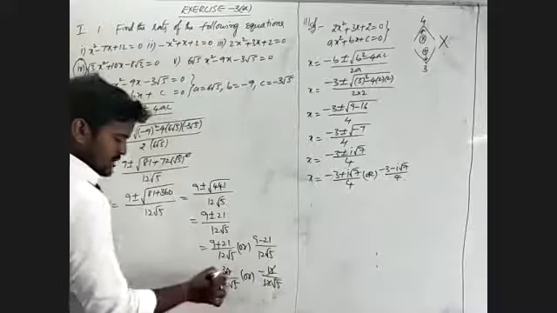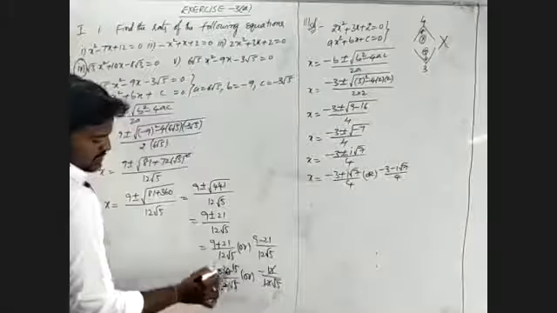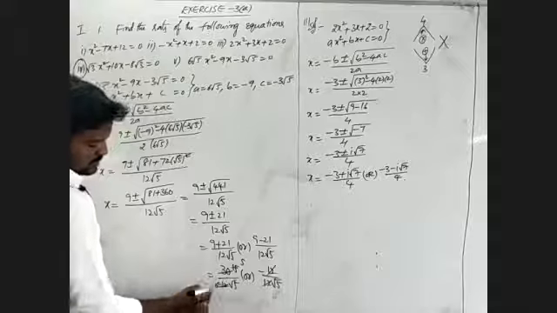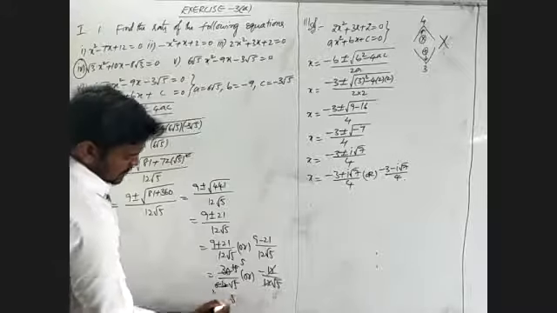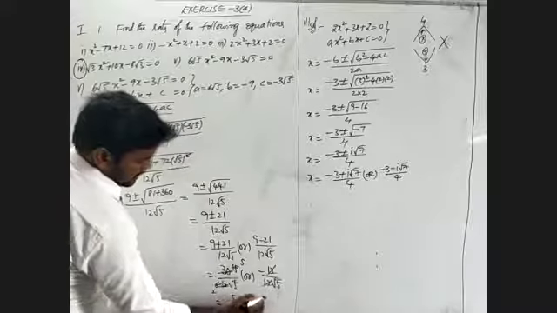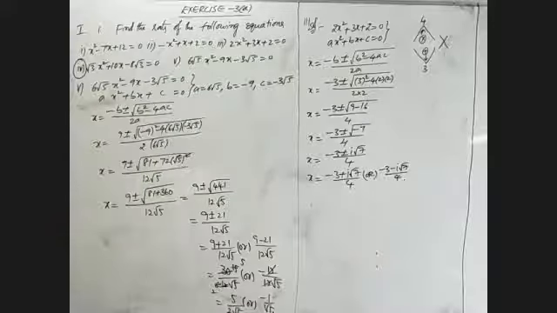Again we will take 30 by 12, which is 5 by 2, so 5 by 2 root 5, or minus 1 by root 5. These are the given values.